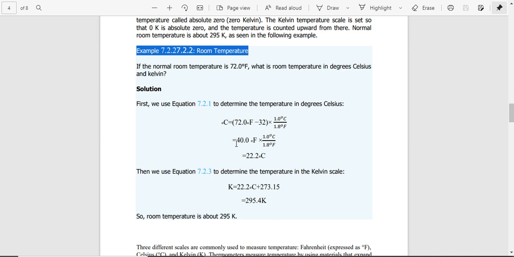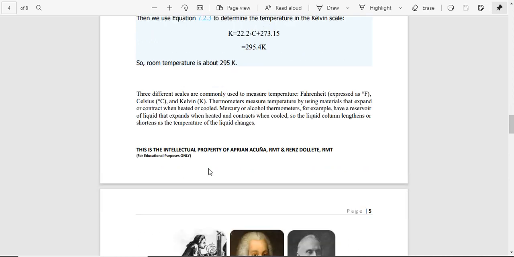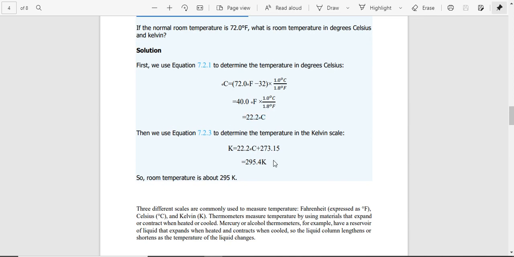So, i-divide mo siya sa 1.8. Okay, then you will get the Celsius value, which is 22.2 degrees Celsius. Okay, to convert into Kelvin, add mo lang siya 273.15. Okay, then that is your final answer sa iyong Kelvin.